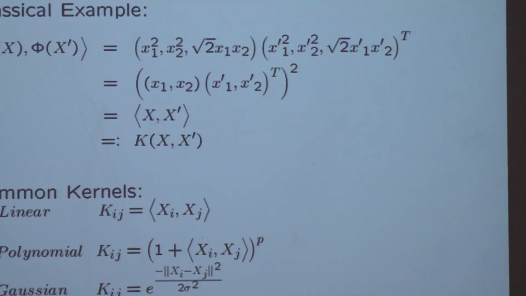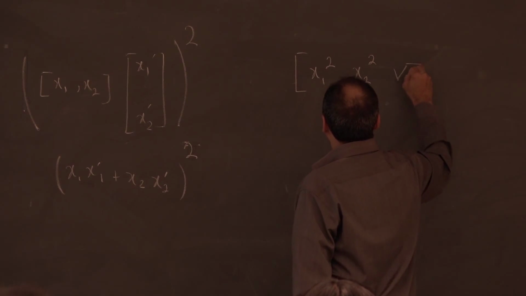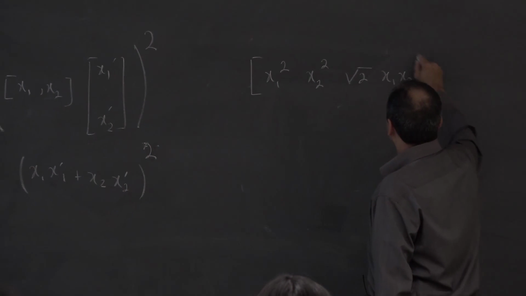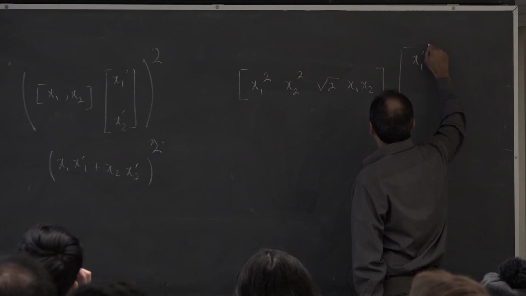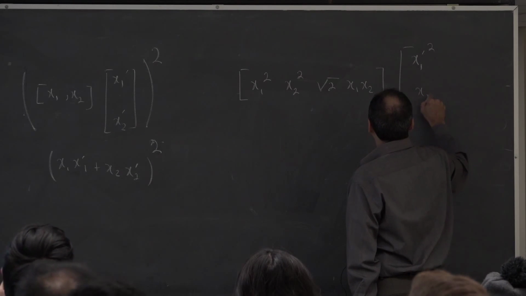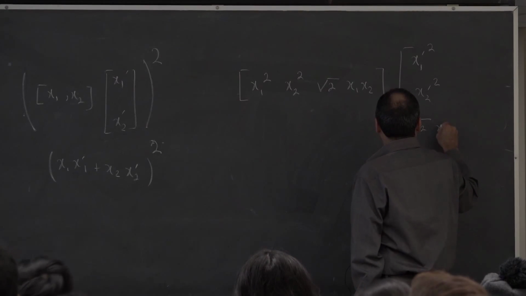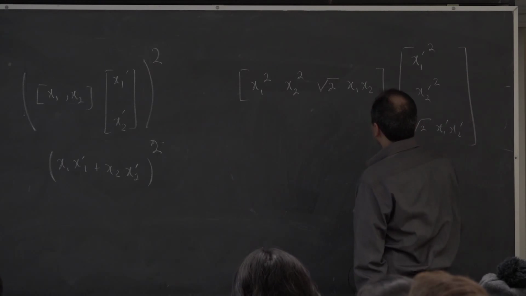It's x1 squared, x2 squared, square root of 2 x1 x2, times x1 prime squared, x2 prime squared, square root of 2 x1 prime x2 prime.